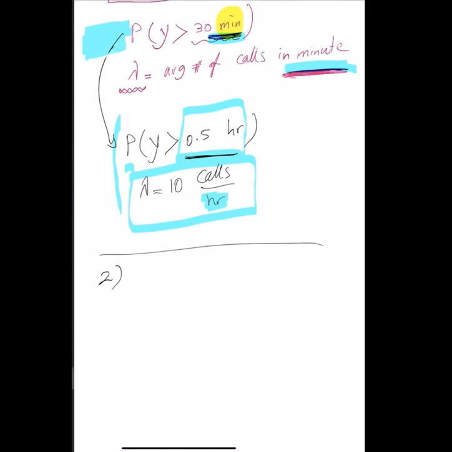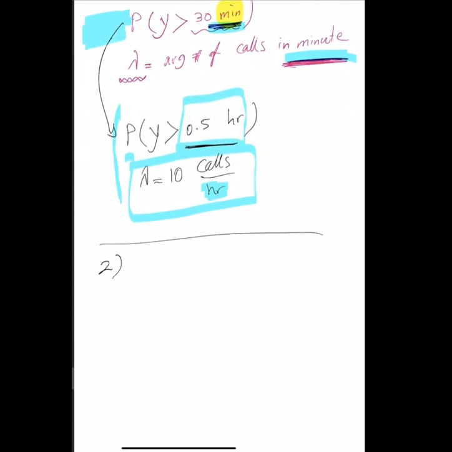So in question 2, we are looking at the number of cracks in a mile of highway.